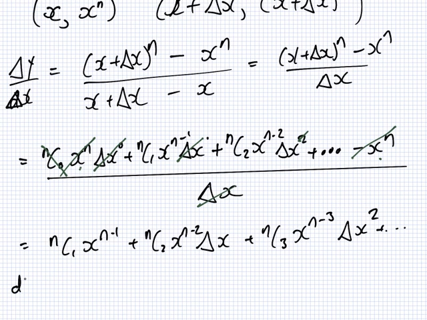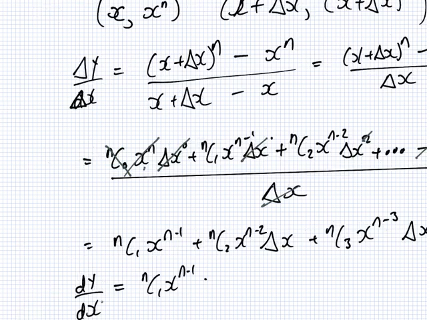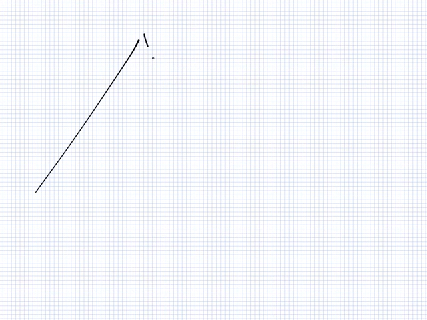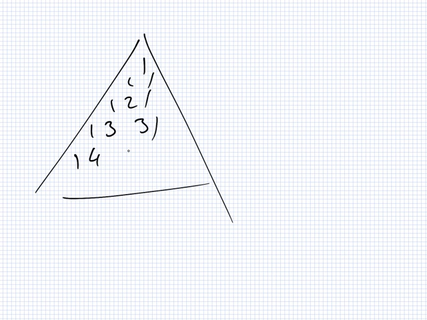Now, if I make this a slope of tangent, a derivative, all of these become 0 except for the first one, which is nC1 x^(n minus 1). Well, what is nC1? Does anyone remember from the triangle? N, yeah. Because if you think about it, the first number is always the row number. So, for example, this one here is 4C1.